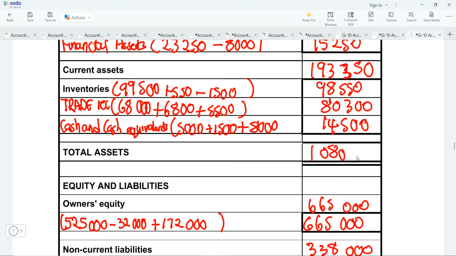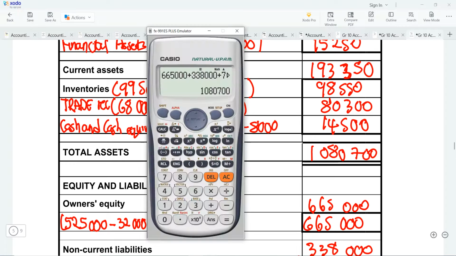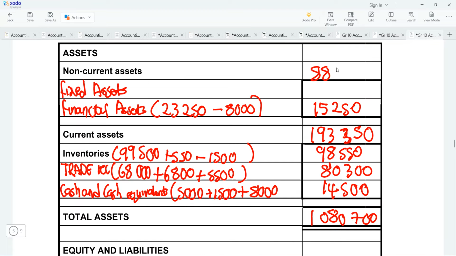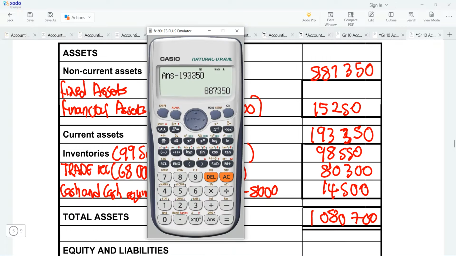Now this 1,080,700, I'm going to bring it here because the rule says that our assets should be equals to owner's equity plus liabilities, and then from there I'm going to take this total assets that I have, and then I subtract my current assets. I'm going to subtract 193,350, and it's going to tell me how much are my non-current assets, which is 887,350.